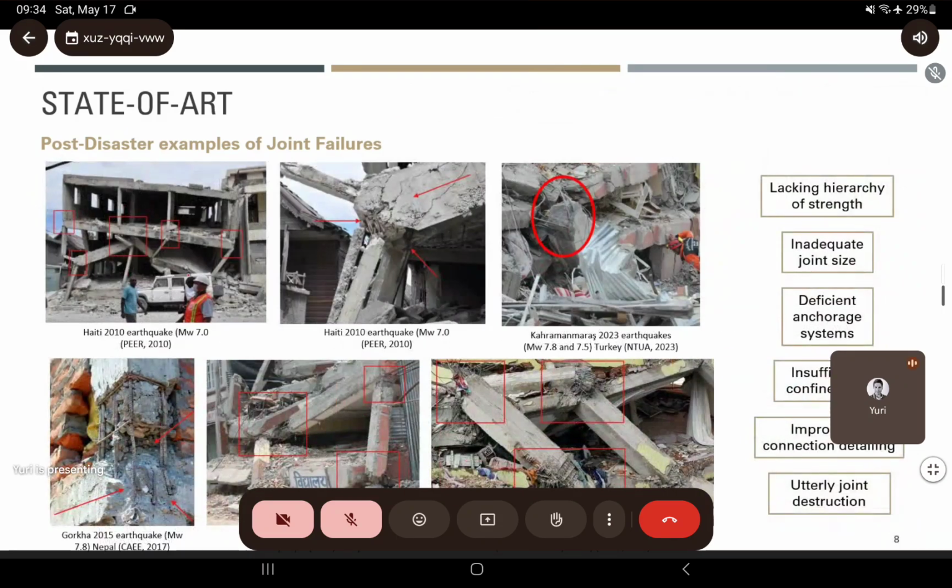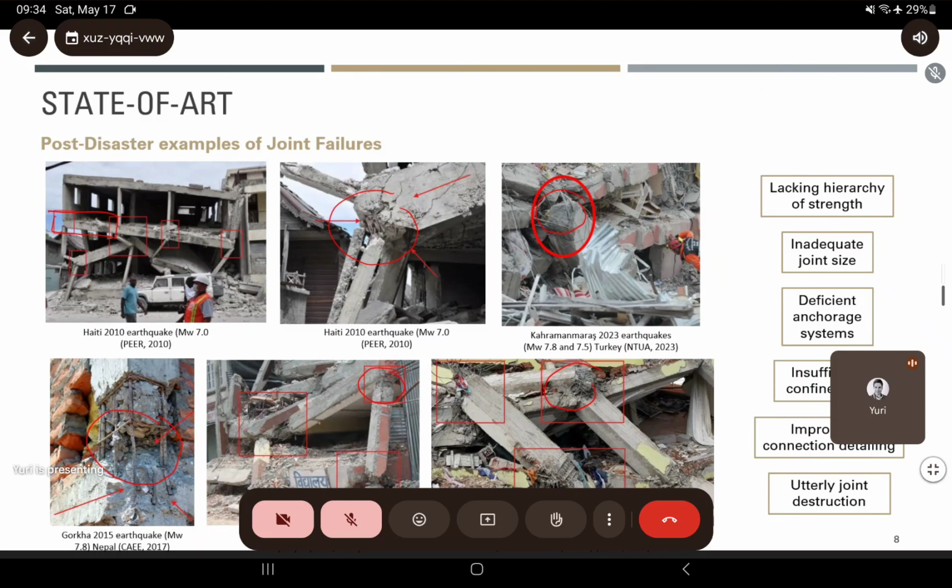Some other examples here: we can see lack of capacity design, inadequate size of joints, inadequate confinement of the joints. We have also poor detailing provisions, actually wrong, in the anchorage, formation of plastic hinges in the joints, and utter joint destruction.